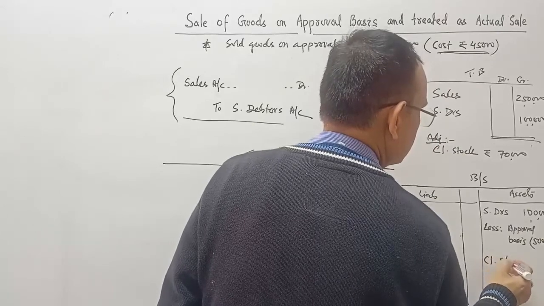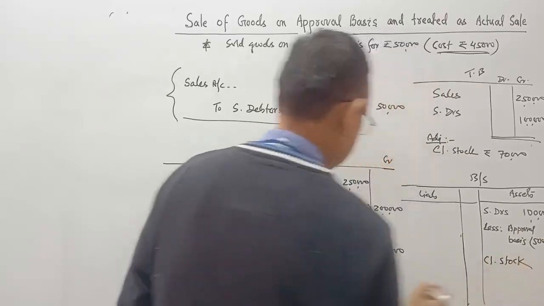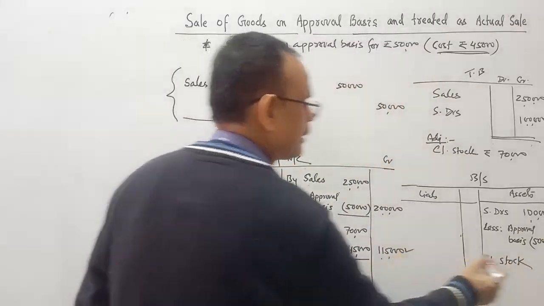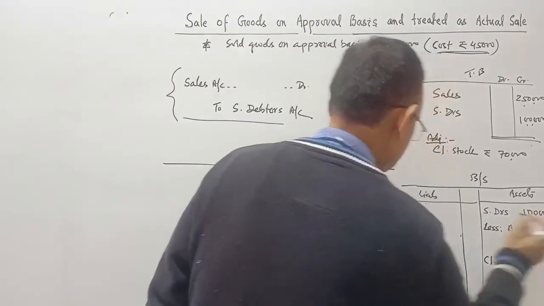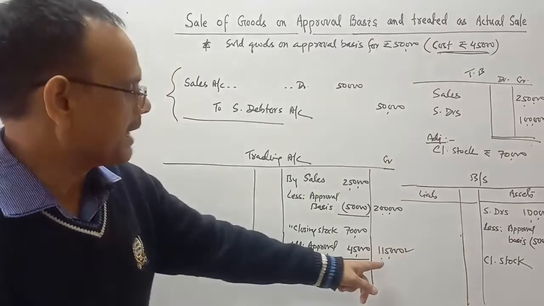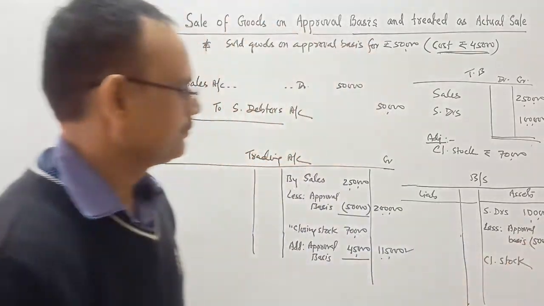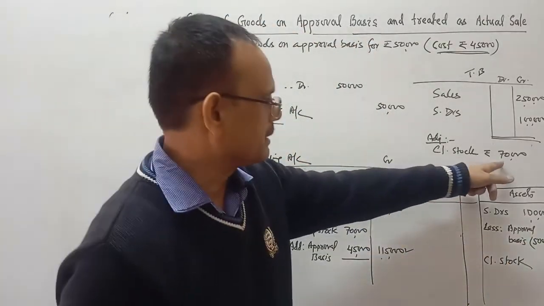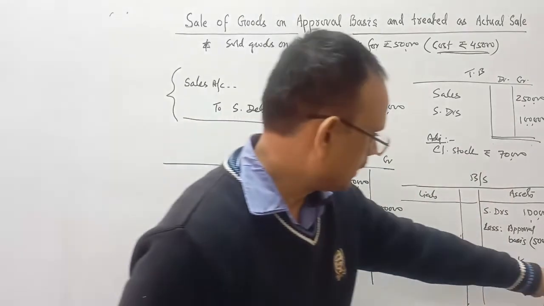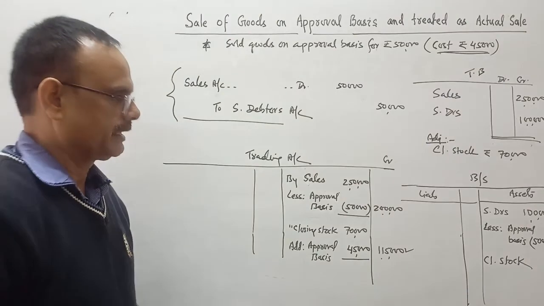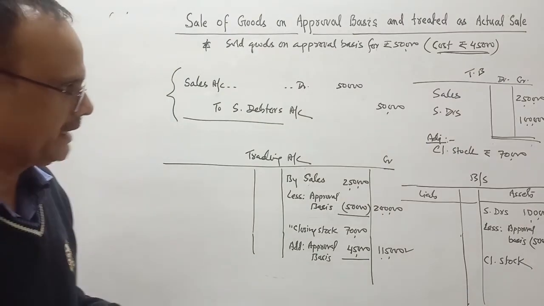This closing stock amount, 1,15,000, we will write in the balance sheet as well, on the asset side, after adding the approval basis goods.